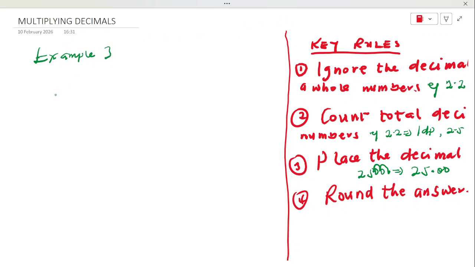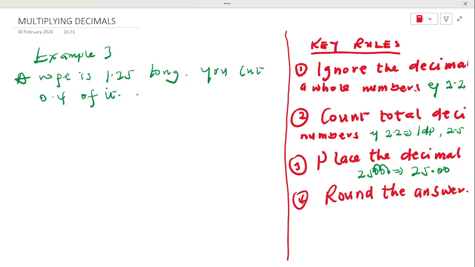Example 3 says that a rope is 1.25 long. You cut 0.4 of it.